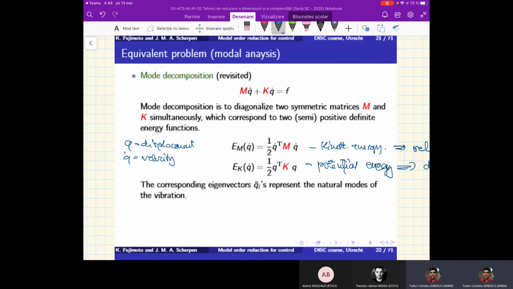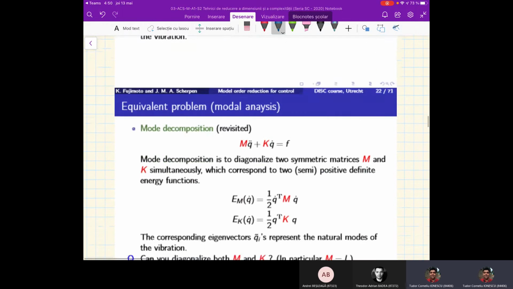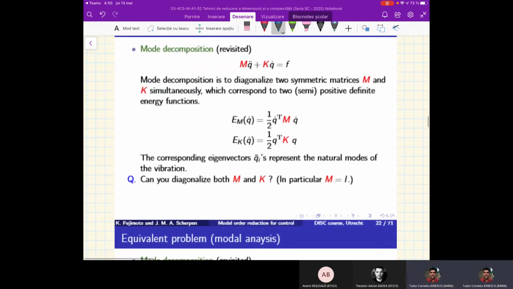So this is the kinetic energy, and this is the potential energy. The corresponding eigenvectors q i tilde are the natural modes of vibration, of movement.